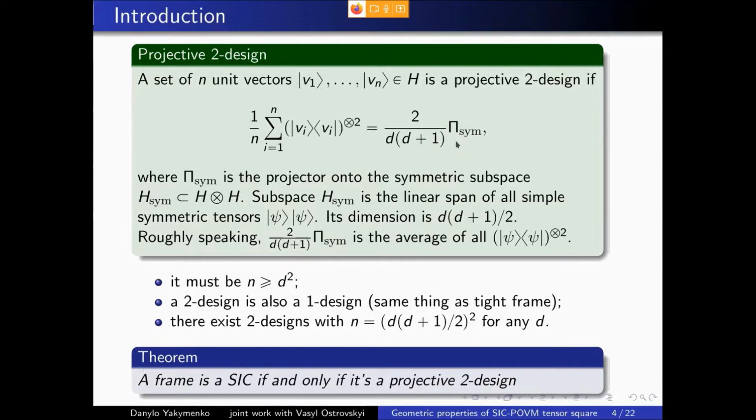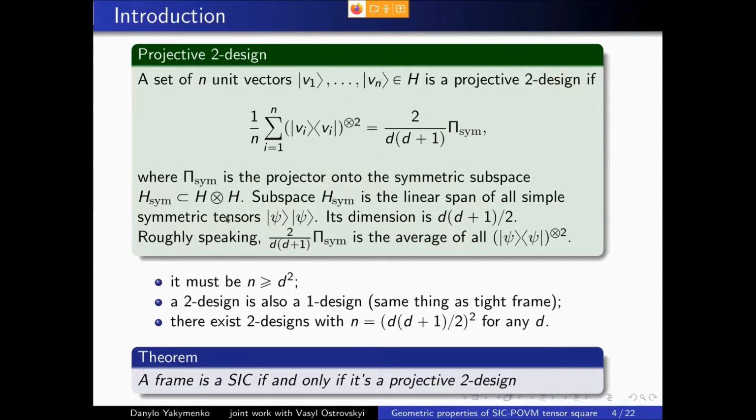And this is a projector on a symmetric subspace of H tensor H. The symmetric subspace can be defined just as a linear span of simple symmetric tensors of this form. We know its dimension, right? It's close to half the dimension of the whole space.